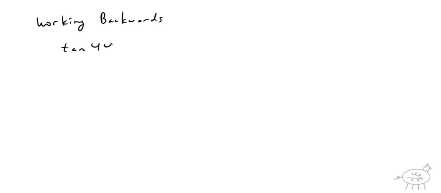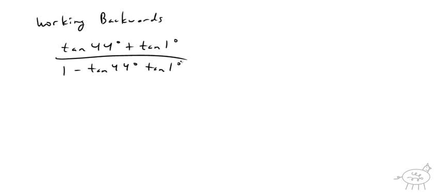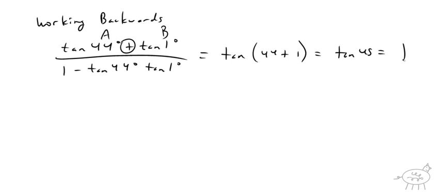So let's start out: tangent of 44 degrees plus tangent of 1 degree over 1 minus tangent of 44 tangent of 1. Brutal! So totally recognize that this is a tangent of A plus B, right? Because you've got a plus sign here, and that's your A and that's your B. So it's tangent of 45, which is equal to uno, or 1. All right, that's pretty easy.